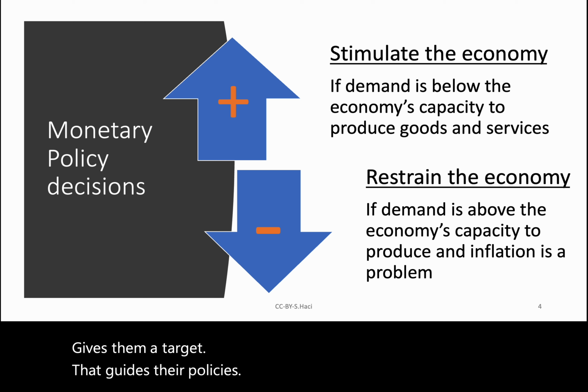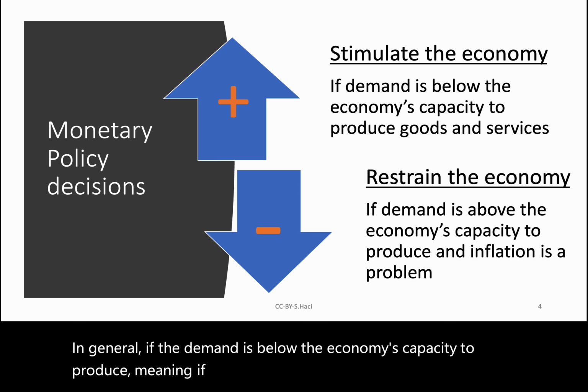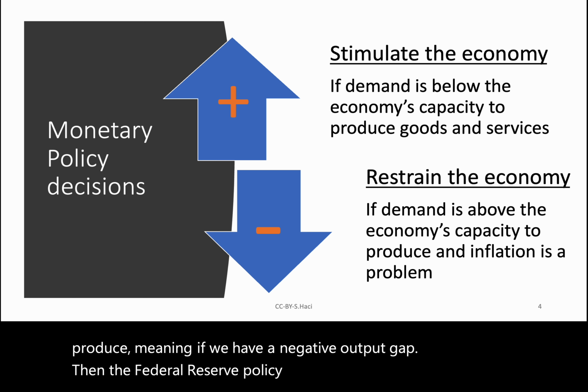In general, if the demand is below the economy's capacity to produce, meaning we have a negative output gap, then the Federal Reserve policy will attempt to stimulate the economy to make it grow again.